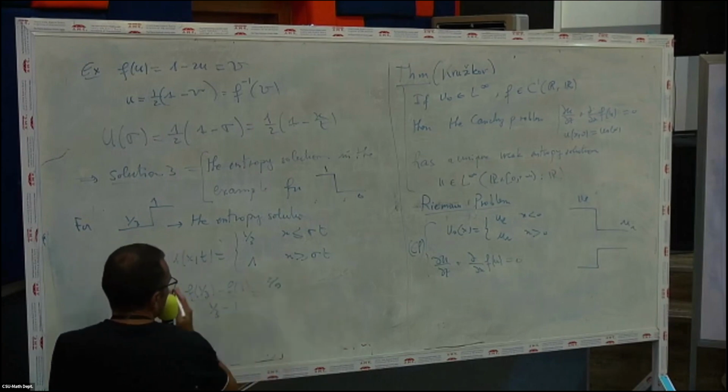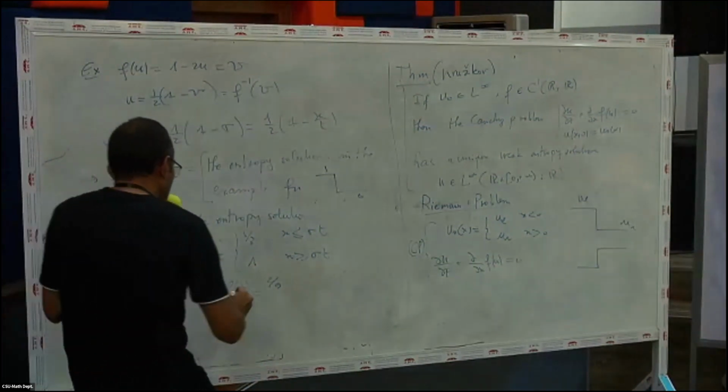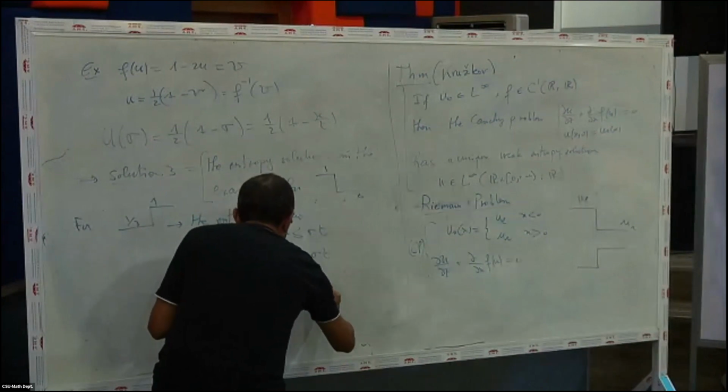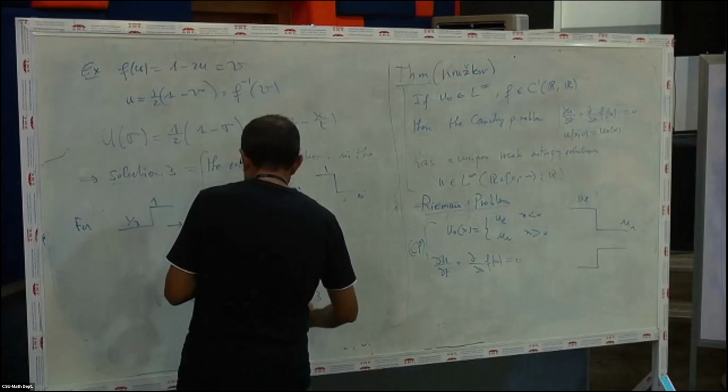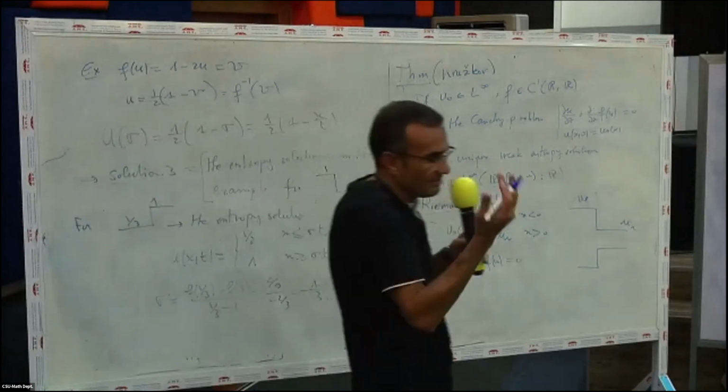So it's negative sigma, okay, remember, and minus 2/3, so it's minus 1/3, okay, so this is my sigma. So this is the entropy solution, but it's easy to understand.